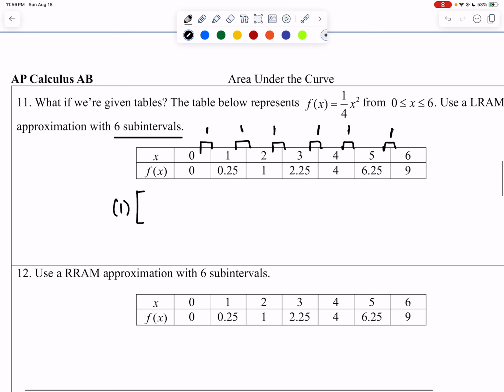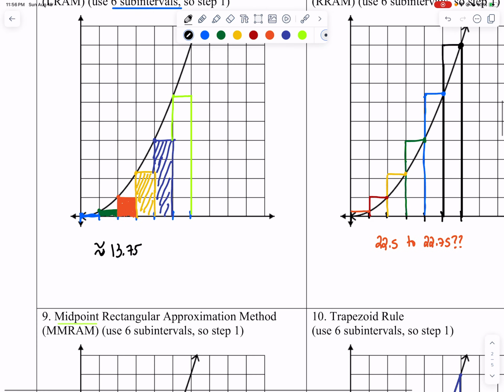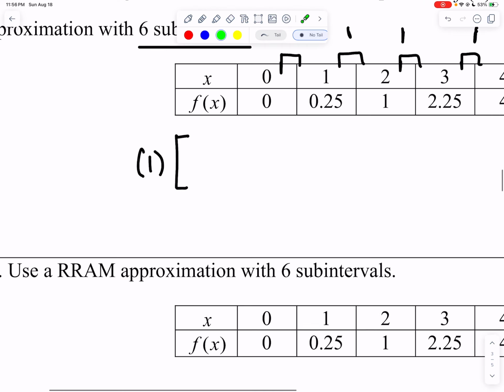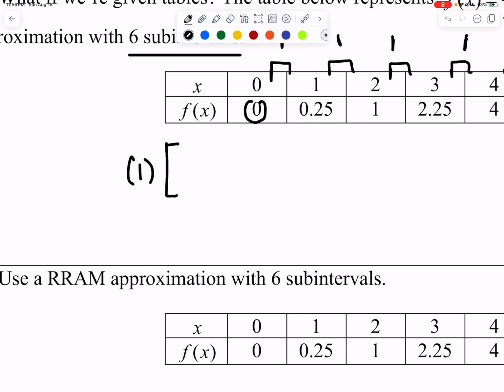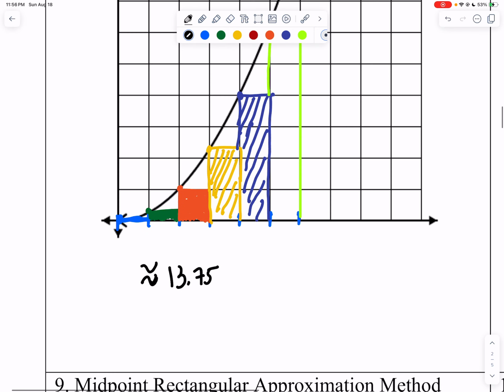and then add my heights. Now, remember that since this is a left Riemann sum, I'm starting at whatever my height is in terms of x is equal to 0, which was 0 here. So I'm starting at 0. Likewise, at 1 here, my height was 0.25.